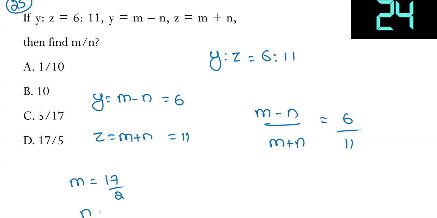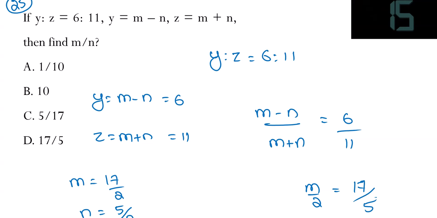Subtracting these two and dividing by 2 is nothing but n. So we got m by n is nothing but 17 by 5. M divided by n is 17 divided by 5. Option D. This is 10 by 1, 10 is simple. 10 by 1 not required, right? So 17 upon 5 is the answer.